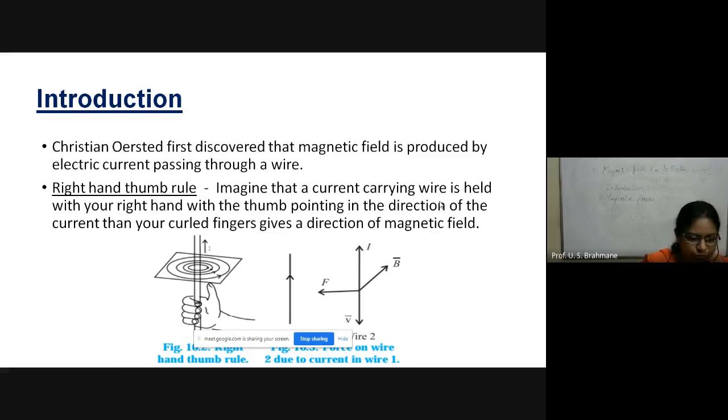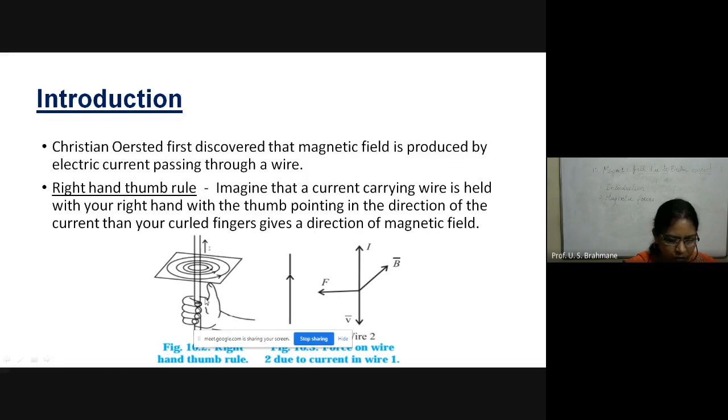Now we'll see that the direction of the magnetic field is given by the right hand thumb rule. Here, if there is a current carrying conductor, you can see in the figure that the current is in the upward direction.